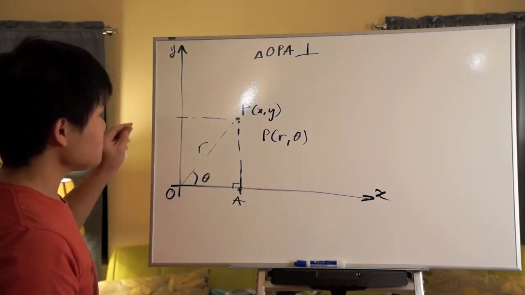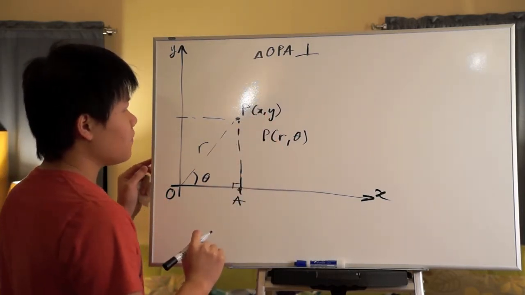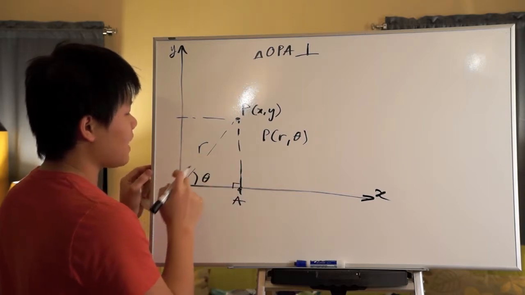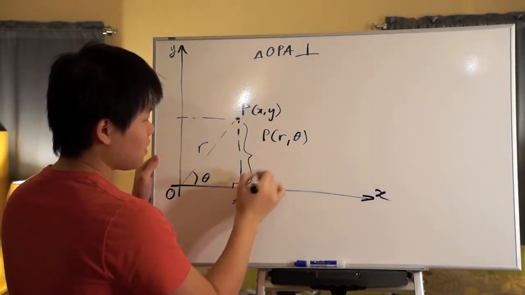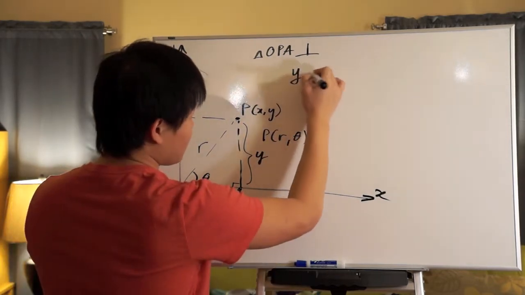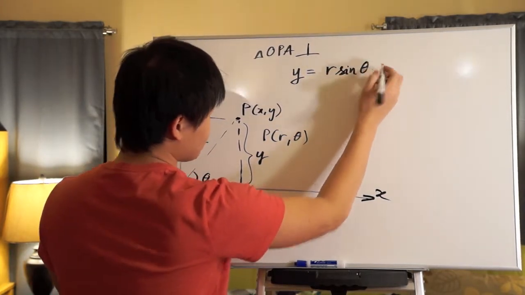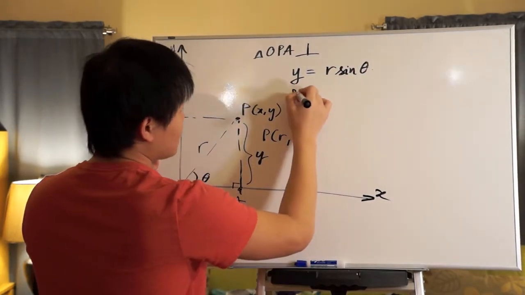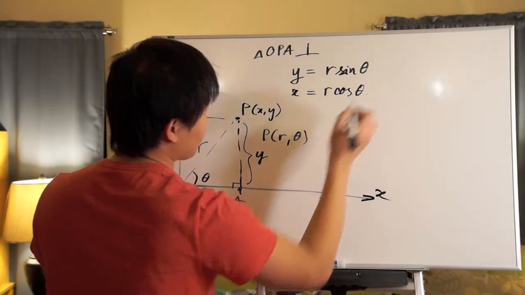PA is the vertical value, which we can call y. Therefore, y equals r times sine theta, and correspondingly x equals r times cosine theta.